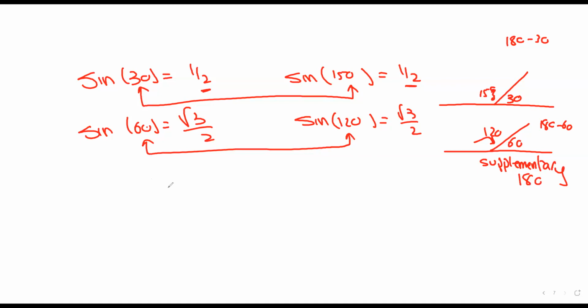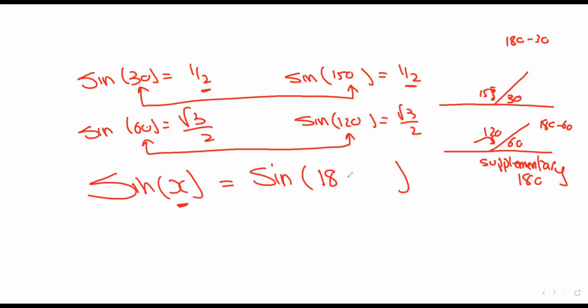So what I'm trying to say is that if you have any angle and you need to find the other angle that has the same sine value, sine of any angle is equal to sine of 180 minus the angle.